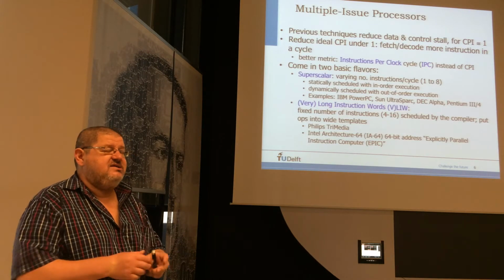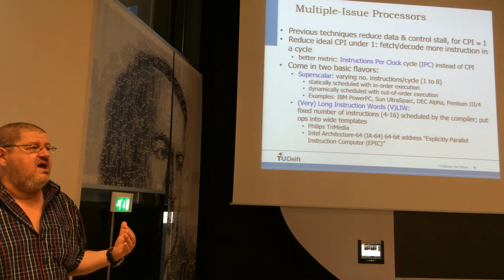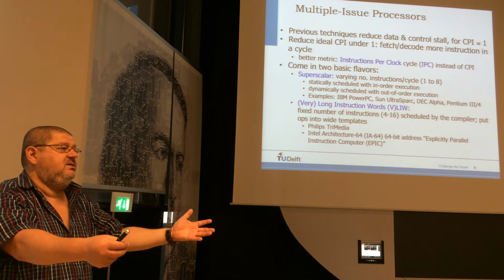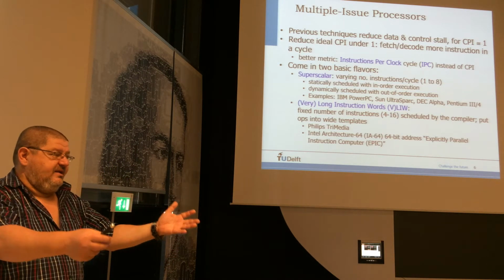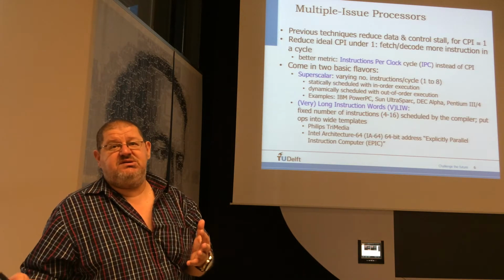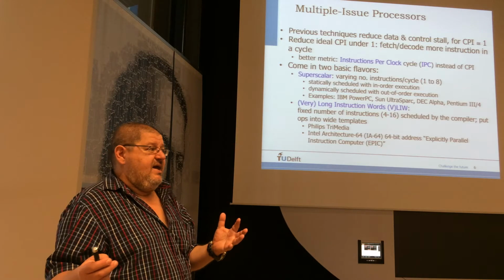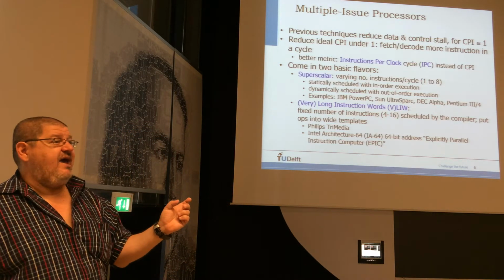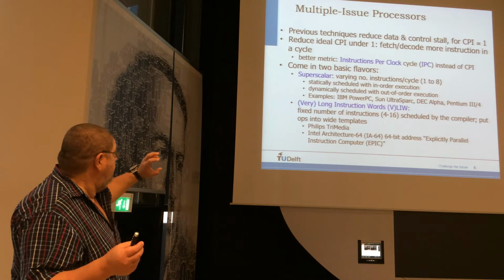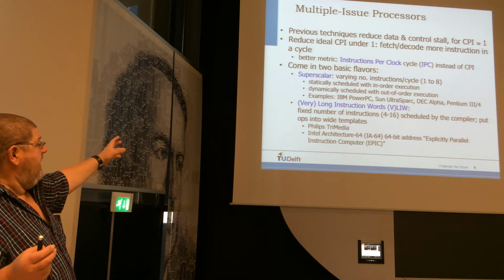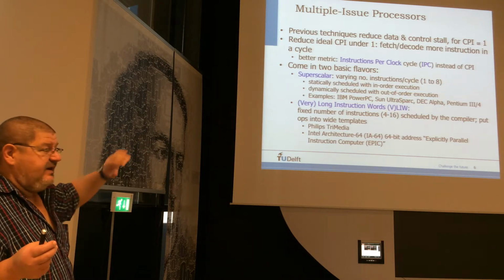What they do is they take a bunch of instructions and they dispatch them to the functional units, each cycle. The difference is in how you select that bunch of instructions. There are essentially 2 flavors of superscalar and 1 very long instruction word. Now let us start with VLIW.